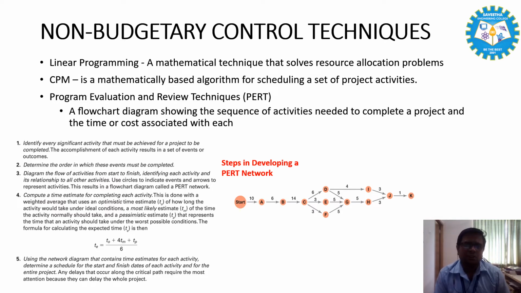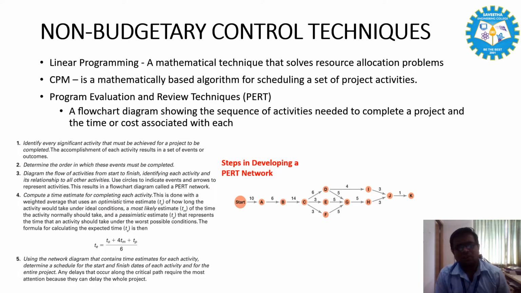The shortest possible time is called crash time and can only be accomplished at crash cost. It is an important tool for effective project management, commonly used with all forms of projects including construction, software development, research projects, product development, engineering and plant maintenance.